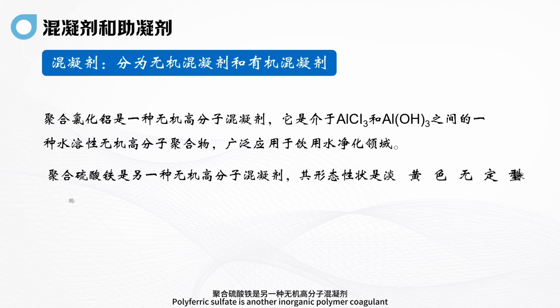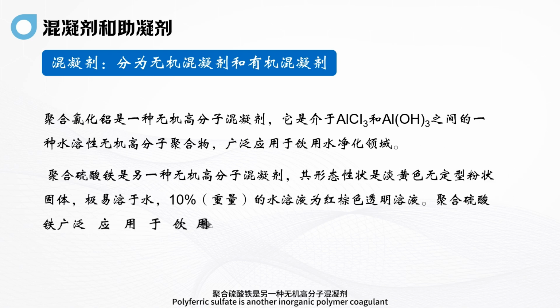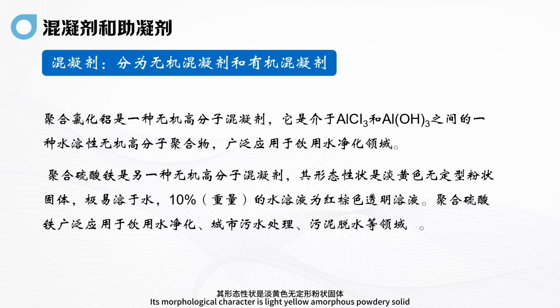Polyferric sulfate is another inorganic polymer coagulant. Its morphological character is a light yellow amorphous powdery solid, extremely soluble in water. A 10% aqueous solution is a reddish-brown transparent liquid. Polyferric sulfate is widely used in drinking water purification, urban sewage treatment and sludge dewatering and other fields.